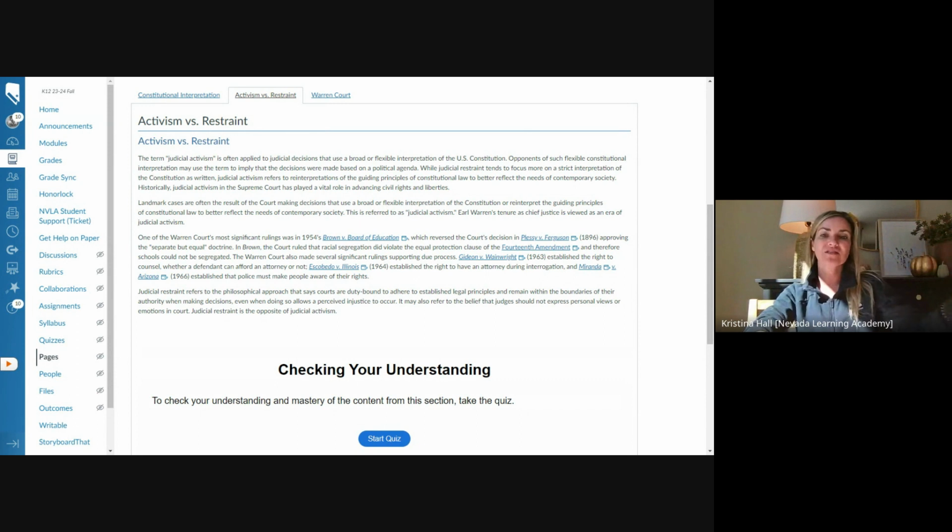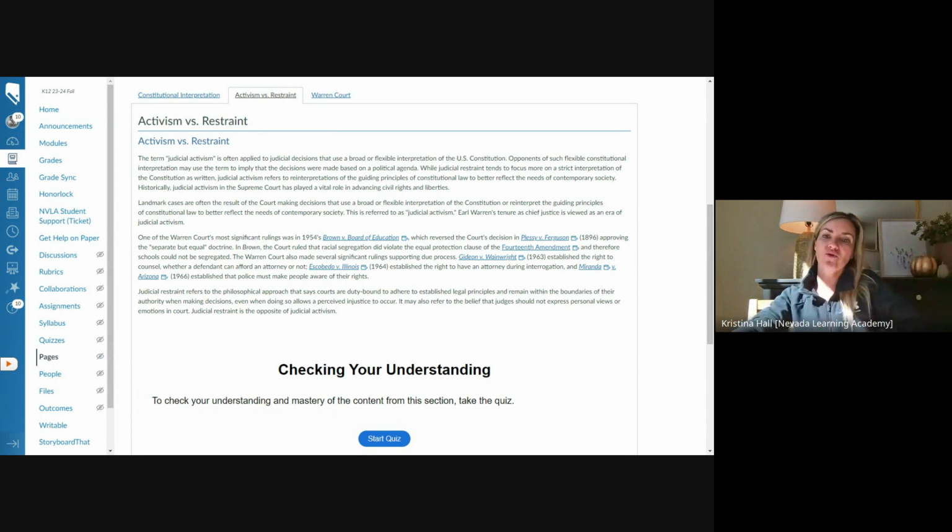Saying, well, based on this amendment, this is how we should be interpreting the Constitution now, not based on the original Constitution. So amendments to the Constitution change the Constitution. And Brown versus Board of Education said, well, maybe this was originally how it was written, but with the 14th Amendment after the Civil War, this is the new way in which we should be interpreting the Constitution. So therefore, separate is not equal.